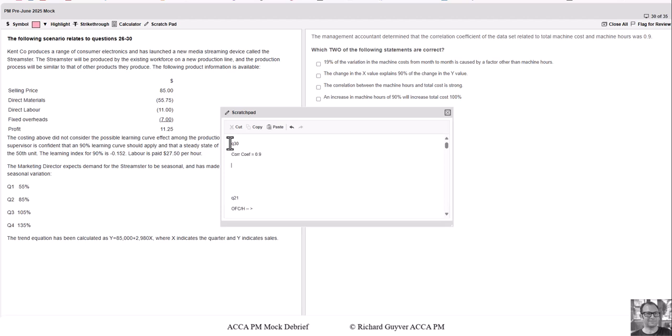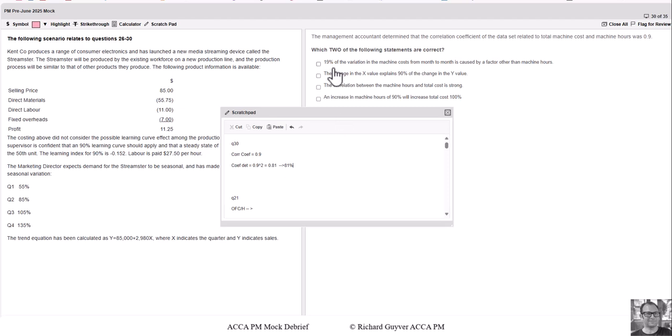Again, this isn't something I'd be writing out in the exam. Correlation coefficient is 0.9. So the coefficient of determination equals 0.9 squared, which is 0.81. A coefficient of determination of 0.81 means 81% of the variations seen in the dependent variable can be explained by a change in the independent variable.